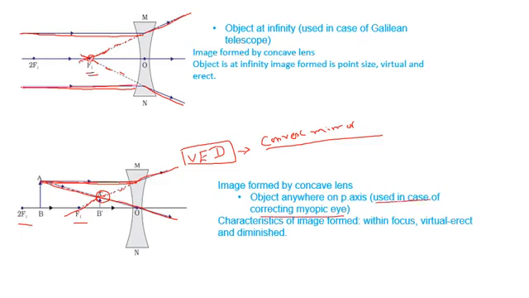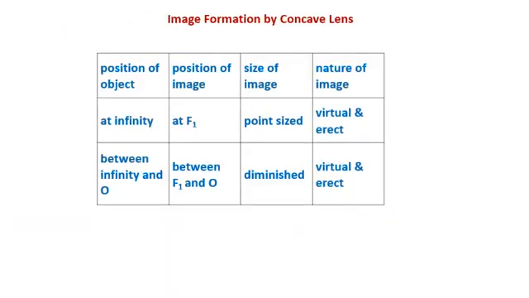So these concave lenses are used to correct short-sightedness, that is myopia, in human beings, right? The image formed will be within the focus: virtual, erect, and diminished. So this is how we have to do our lenses and their diagrams.